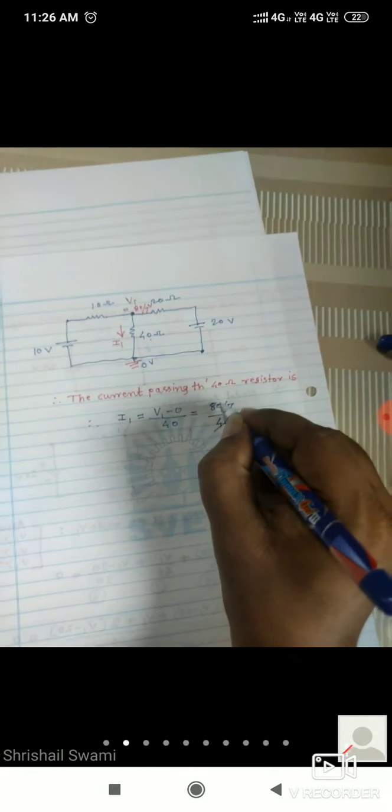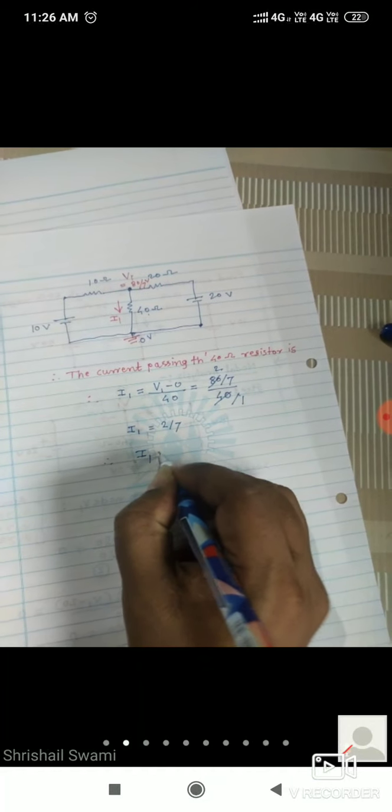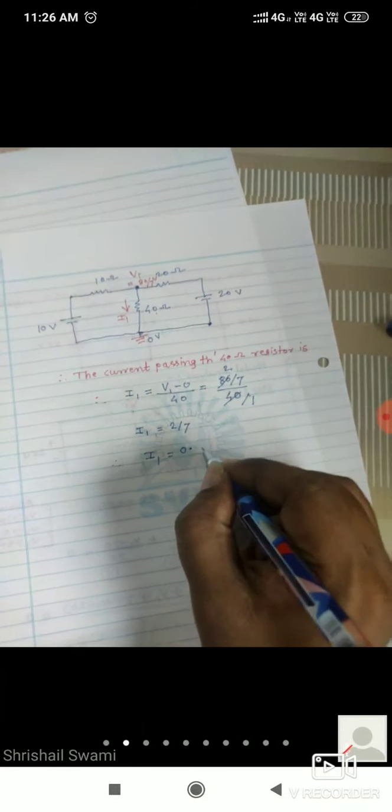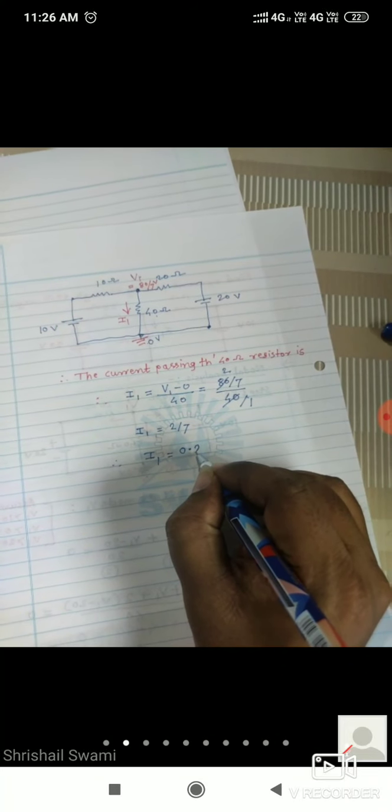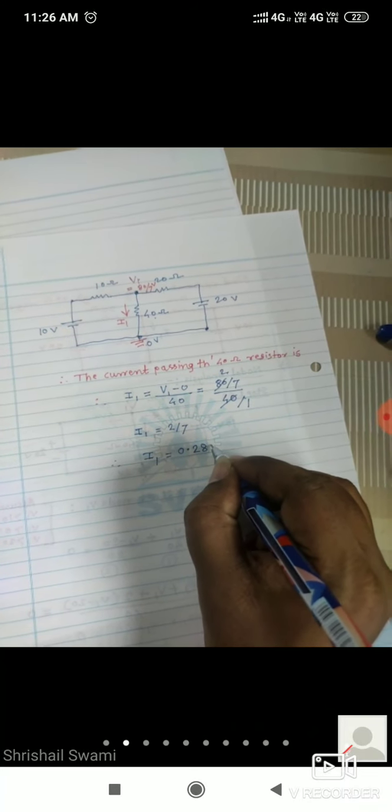I1 is equal to V1 minus 0, this is 0 volt, V1 minus 0 divided by this resistor, that is V1 minus 0 divided by 40. How much did you get for V1? 80 divided by 7 minus 0 divided by 40. So I1 is equal to 2 by 7. So I1 is nearly, check whether this is correct, 0.283 something.